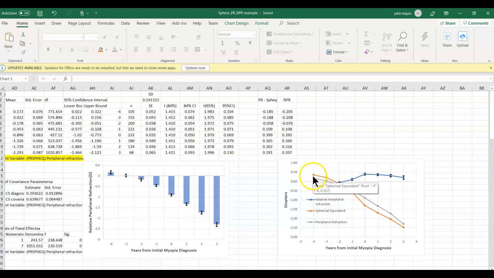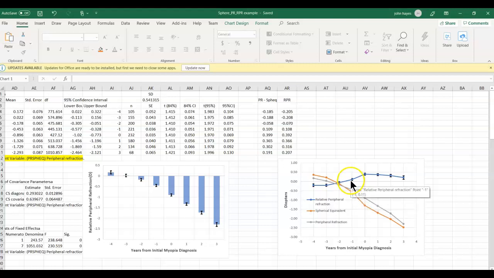So you can see spherical equivalence is going down, kind of drops off that cliff right there and goes down. Peripheral refraction is kind of smoother, and it crosses. So that year 1 minus 1 year before is actually relatively lower.